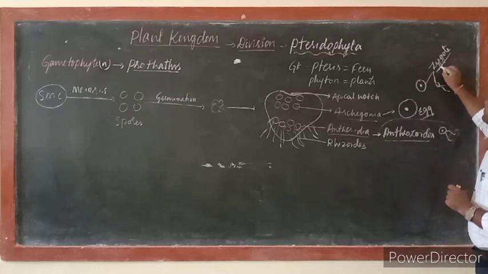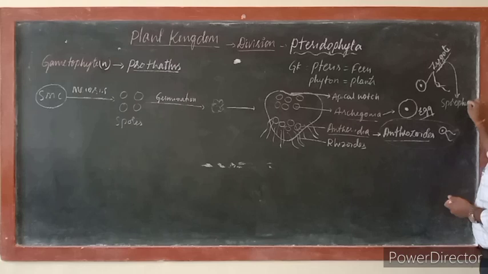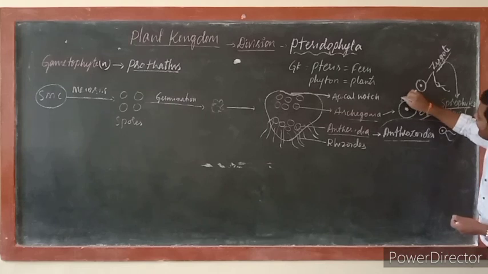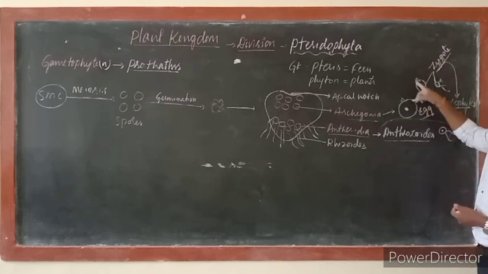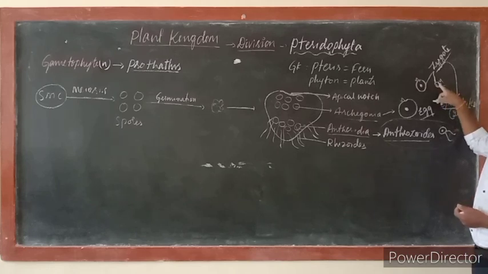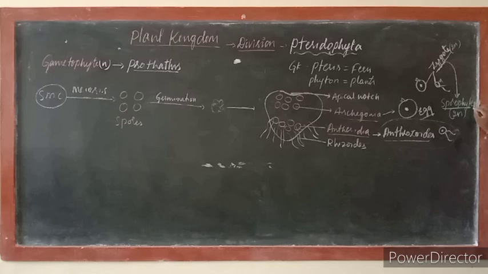The zygote develops into the sporophyte, which is diploid. Egg is haploid and antherozoid is haploid, n plus n, which leads to the formation of the zygote, which is 2n. The 2n we call the sporophyte.